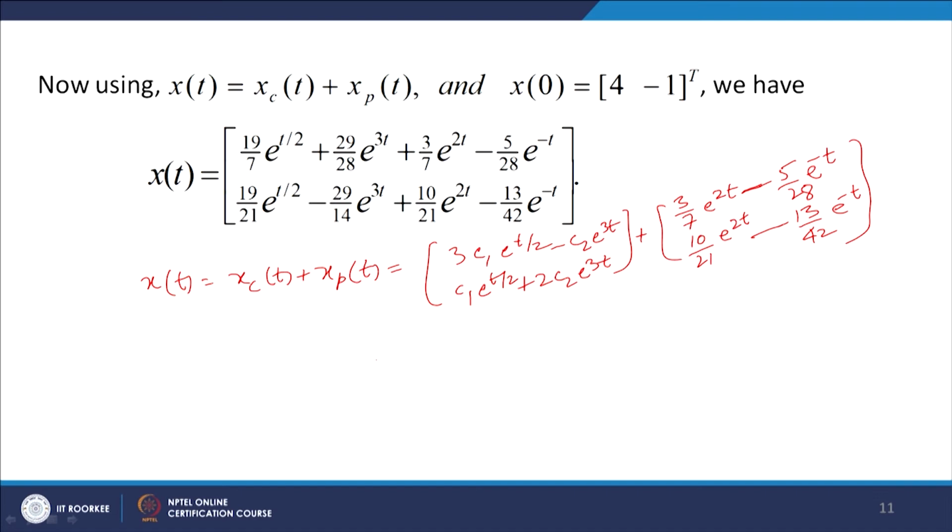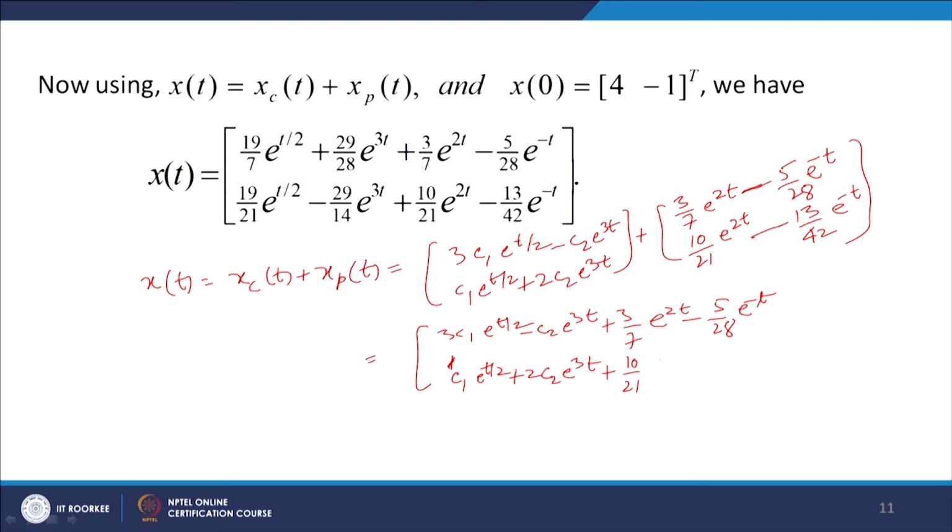So we get 3c1 e^(t/2) minus c2 e^(3t) plus 3/7 e^(2t) minus 5/28 e^(-t), we add component-wise, and then c1 e^(t/2) plus 2c2 e^(3t) plus 10/21 e^(2t) minus 13/42 e^(-t).